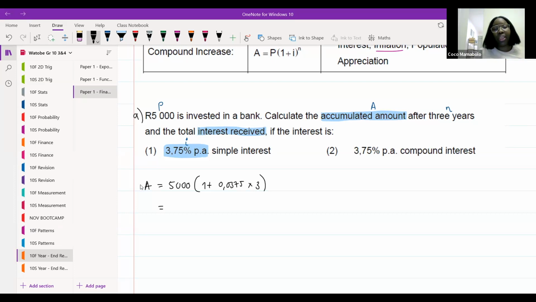What do we get for this first answer? Mfundo says 5,562.5. Correct. 5,562 Rand, and we need to put a 0 there because this is cents.